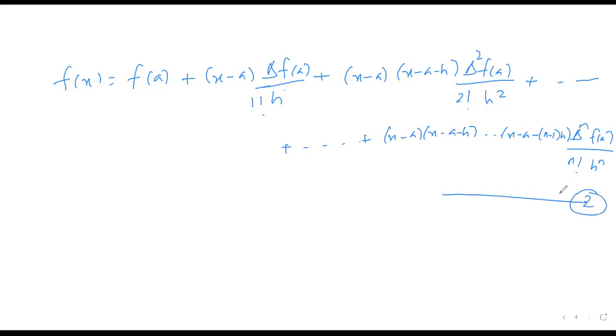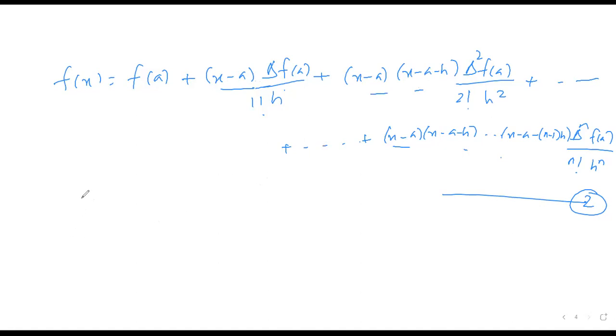So let's take this as our equation number 2. Still we are not finished because we are finding some hardship writing these values, so we are going to substitute in a simpler way.